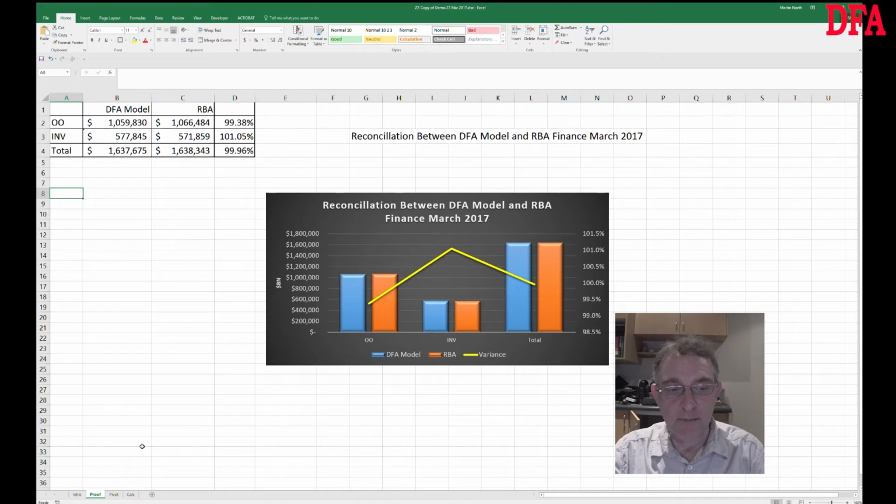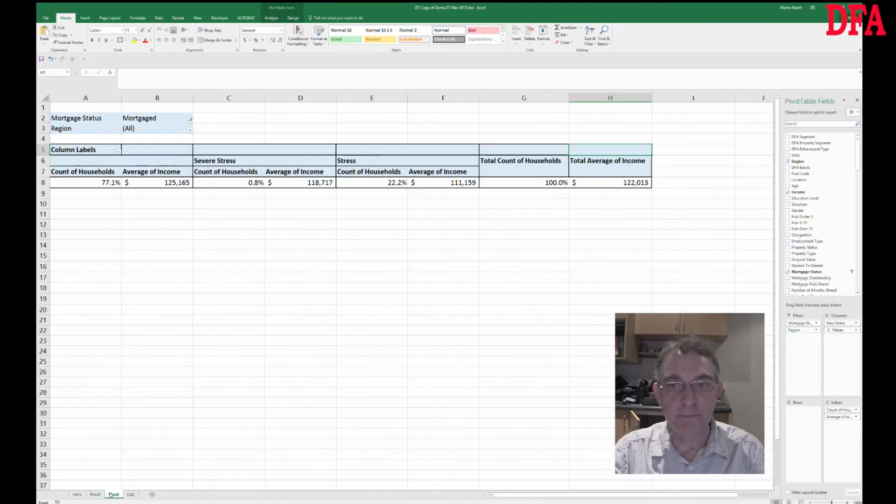So let's now go to the pivot tables. Here, what we have is the mortgaged households across Australia. This time we've split them looking through a lens of mortgage stress. Let's just do a few definitions first. Those households who are in stress are split between severe stressed and stressed.